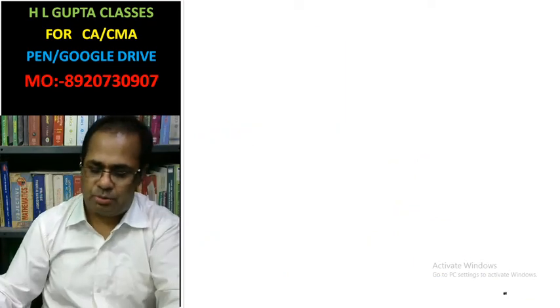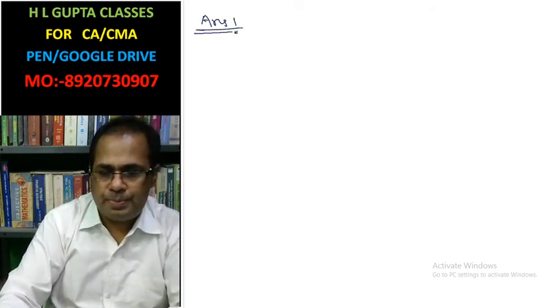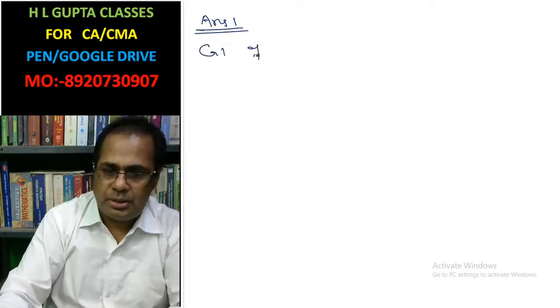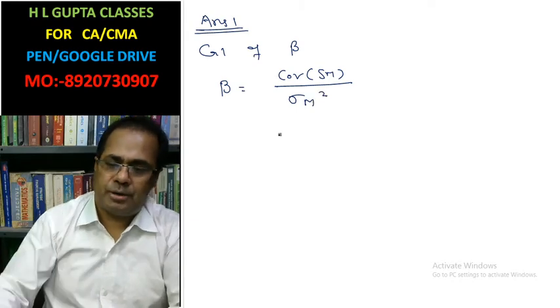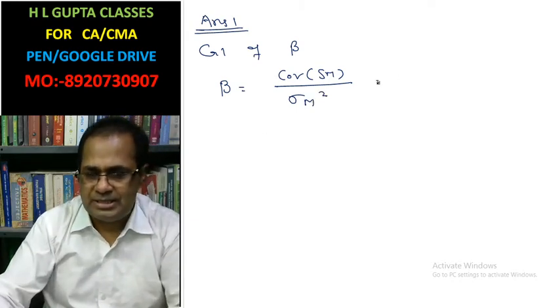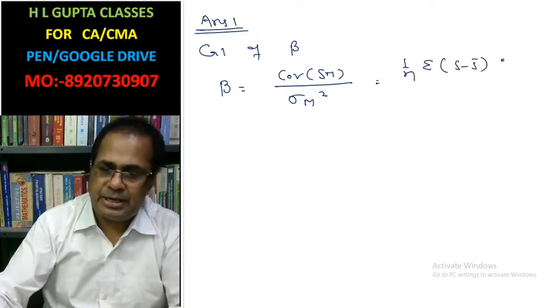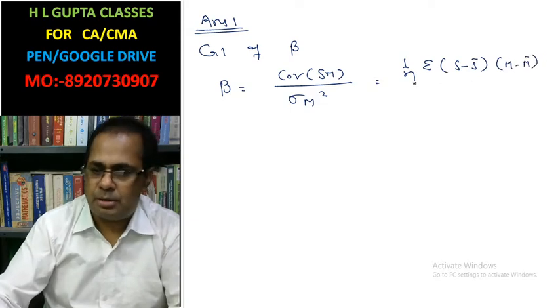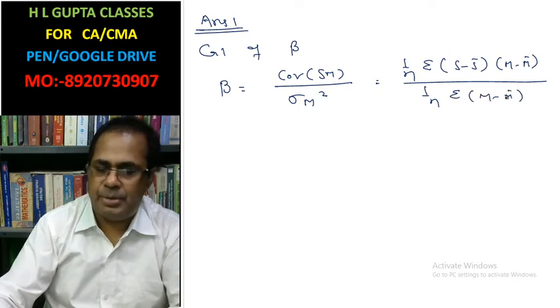Now you can calculate the answer of the first part. Calculation of beta. Beta equals covariance of security and market divided by variance of market. Covariance is 1 upon n summation of s minus s bar times m minus m bar, divided by 1 upon n summation of m minus m bar squared. This gets cancelled.